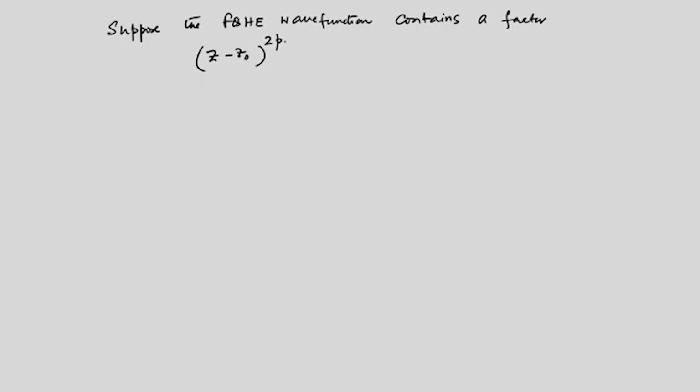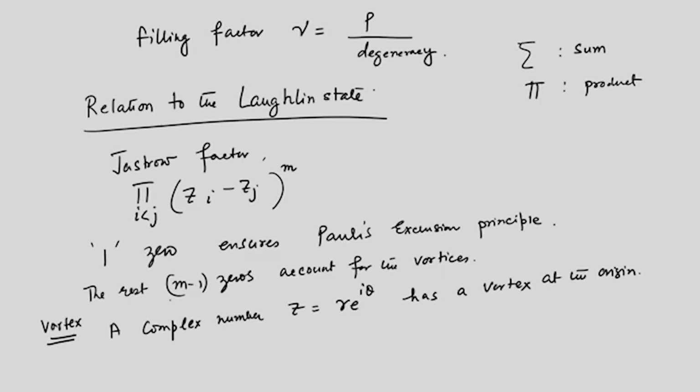So, 2p is an even integer. So, you see here that m minus 1 is an even integer, because m is an odd integer, and so we write that as 2p.